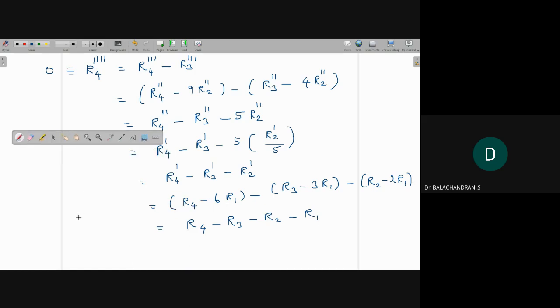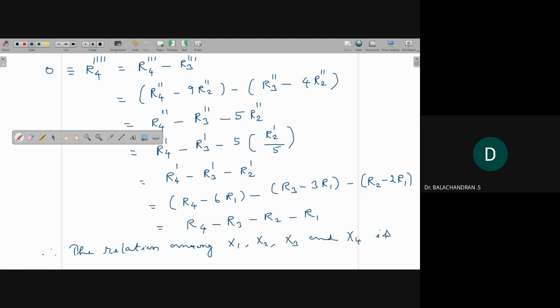Okay, so once you write this, then you can write the relation among x1, x2, x3 and x4.